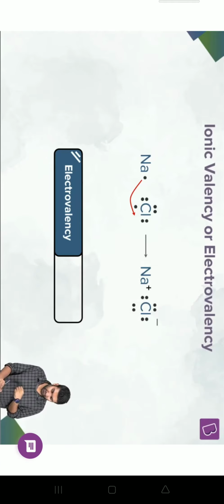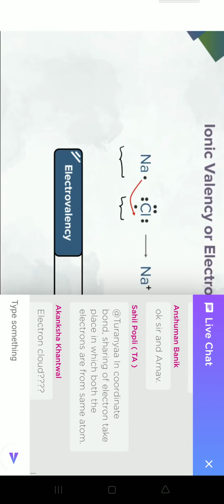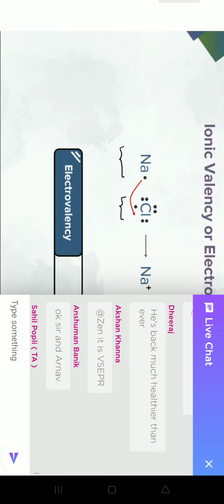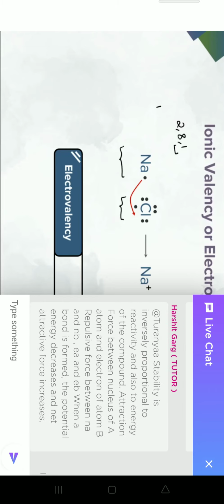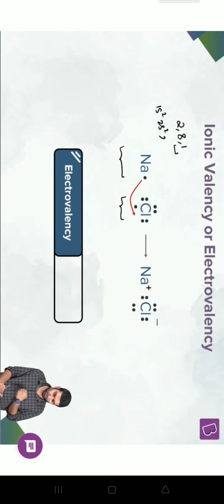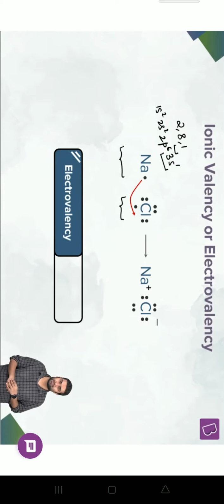That's why chlorine here has 7 electrons being displayed and sodium here has 1 electron being displayed. So basically we can write it as 2, 8, 1, or we can write it as 1s2, 2s2, 2p6, 3s1. So we are basically just representing this one here. Understand? Similarly, for chlorine, we are representing 7 electrons here.